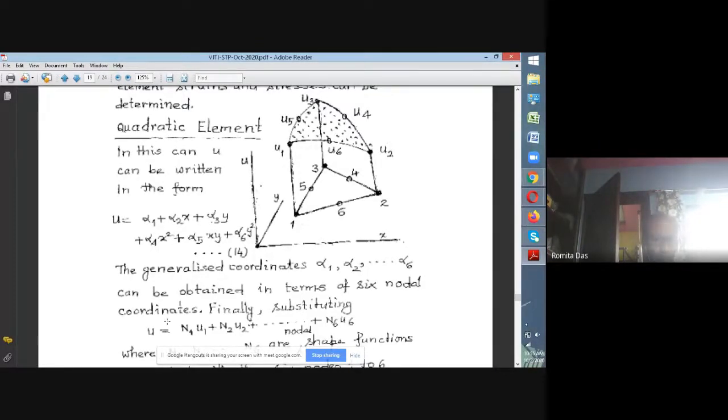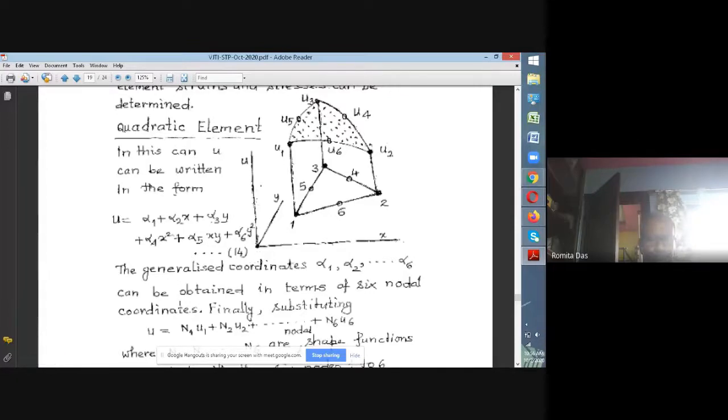Now, if you want to do so, you must have a number of nodes associated with the element so that all the 6 generalized coordinates, alpha 1 to alpha 6, can be evaluated. So the number of nodes involved with the element boundary has got to change.